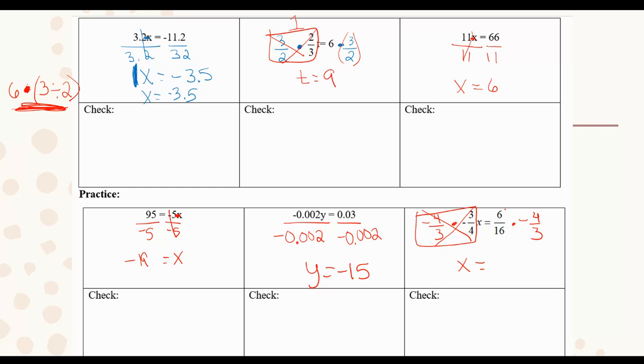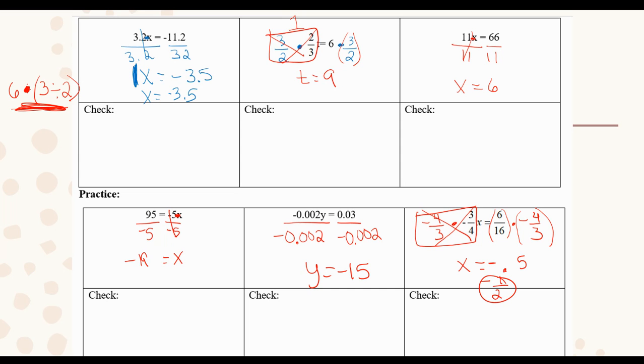Now putting this into the calculator again, anytime you put a fraction into the calculator, you gotta put parentheses around it. So it's really parentheses 6 divided by 16. Close those parentheses up, times parentheses negative 4 divided by 3. Close those parentheses up, and we should get a negative 0.5, or you can have a negative 1/2 as your answer.